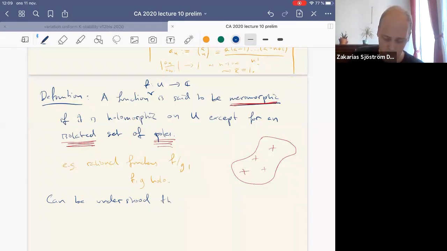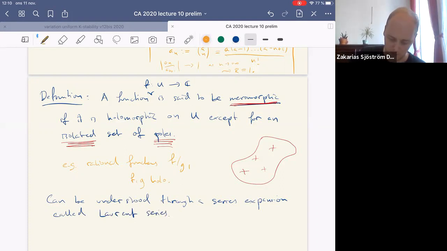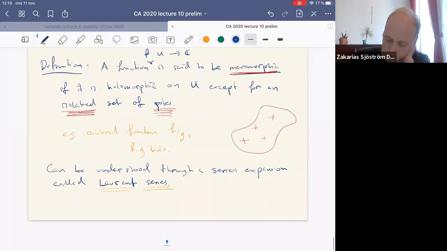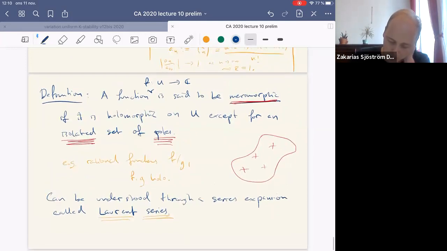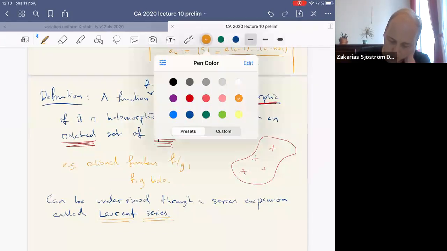And we have something called the Laurent series, a series expansion. This is a key notion. And now to introduce them, we go back to our example.